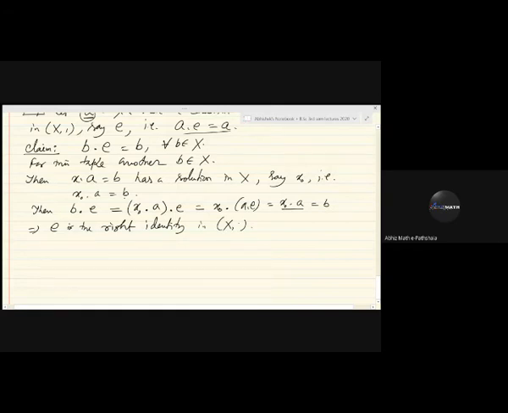Then you need to show that this E will be the left identity also.